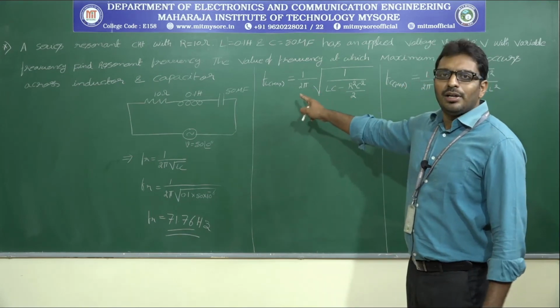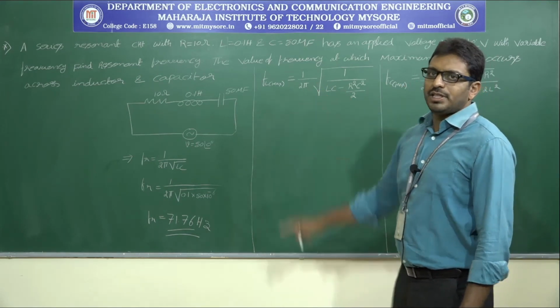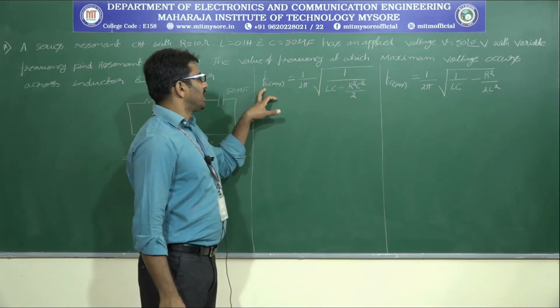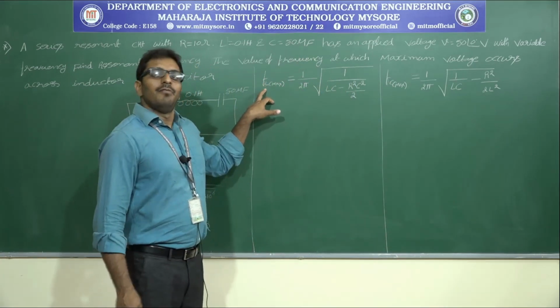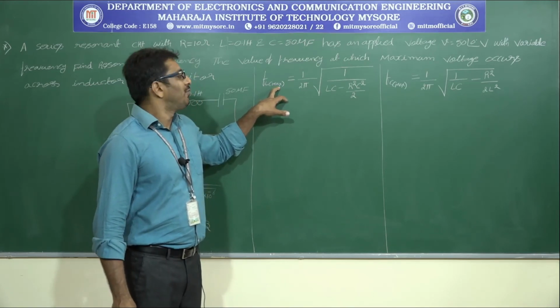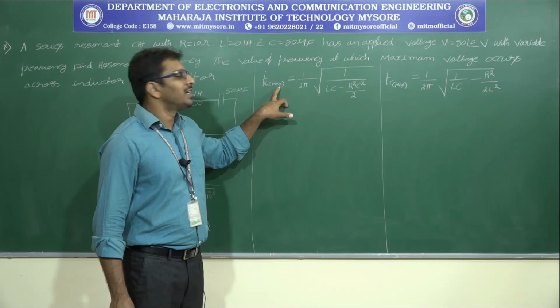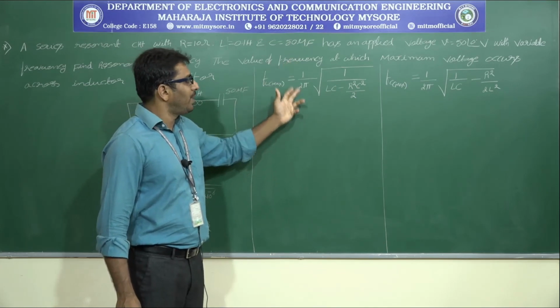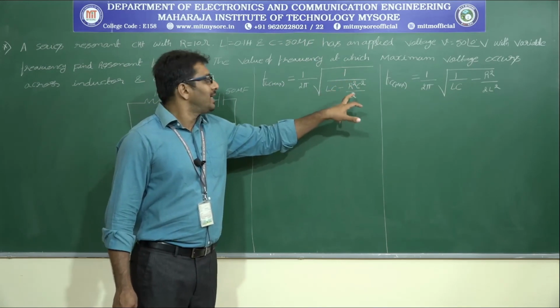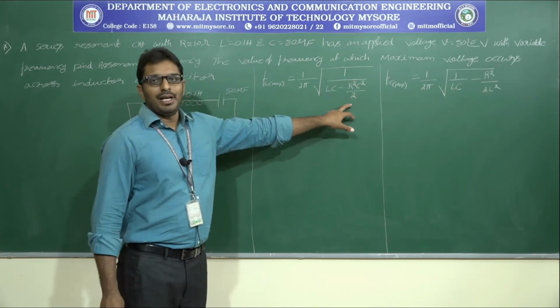This is the formula to calculate the frequency at which the maximum voltage drop occurs across the inductor, that is represented as FL, frequency across inductor, FL max. Is that clear? The frequency at which the voltage across the inductor is maximum is equal to 1 by 2 pi square root of 1 divided by LC minus R square C square divided by 2.